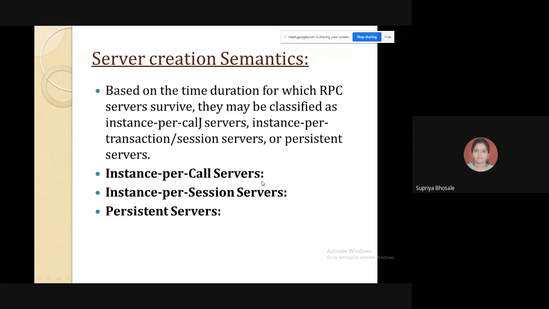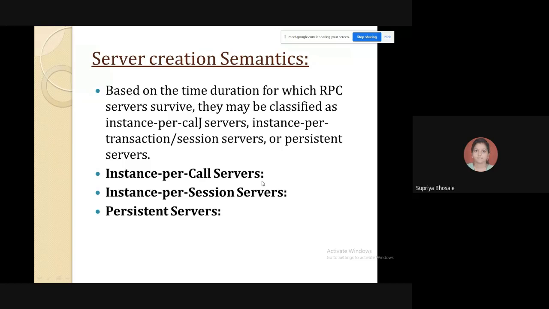You are getting the request and sending its result for that particular call only, and your server will exist for that. A server of this type is created by the RPC runtime on the server machine only when a call message arrives. The server is deleted after the call has been executed. So this is the first type, that is instance per call server.